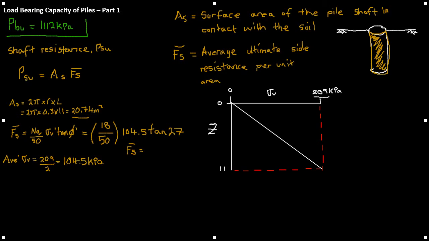That will give us an FS bar value of 19.17. Then our PSU will equal 19.17 times 20.74, and that will equal 397.4 kilonewtons.